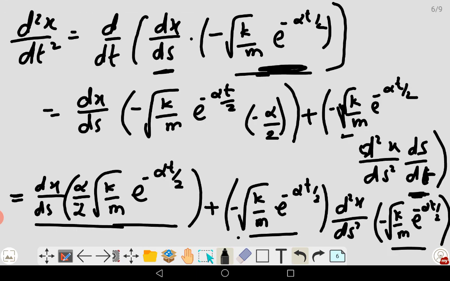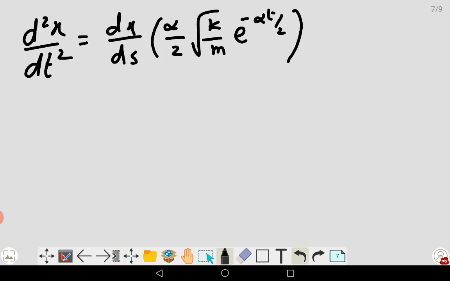When you multiply this, negative and negative will be positive. Root of k by m into root of k by m will be k by m. This will be e power alpha t by 2 times e power alpha t by 2, which squared gives e power alpha t. What you get finally is k over m e raised to negative alpha t d square x over ds square.